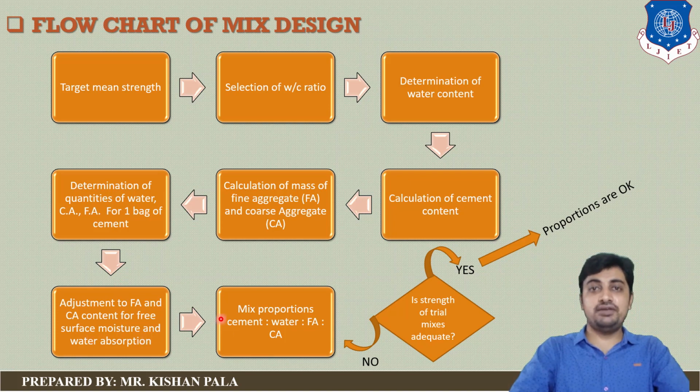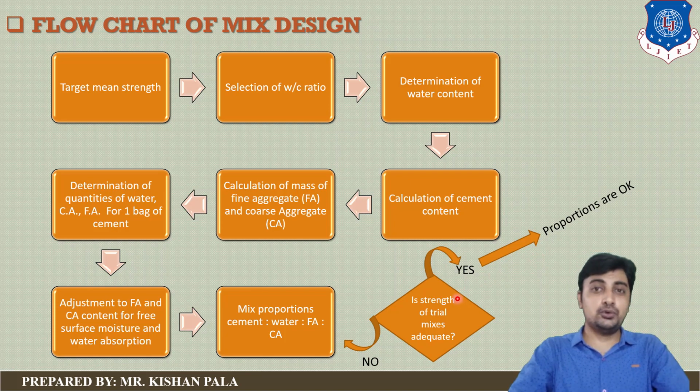Then we can finalize the mix proportions for the ingredients of the concrete mass, like cement, coarse aggregate, fine aggregates and water. Then you have to check the hardened properties of the concrete and check whether the strength of the trial mix is adequate. If yes, it means your proportions are okay.